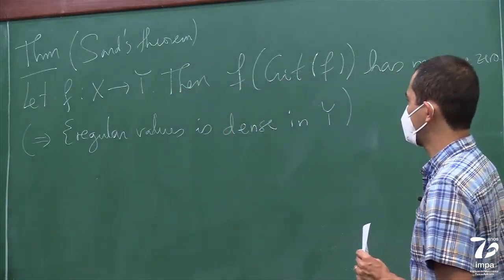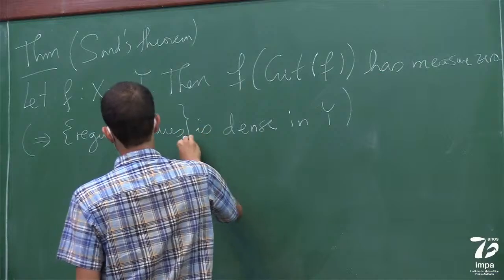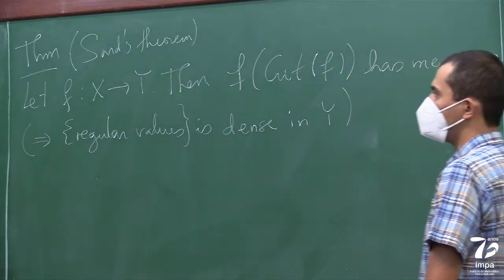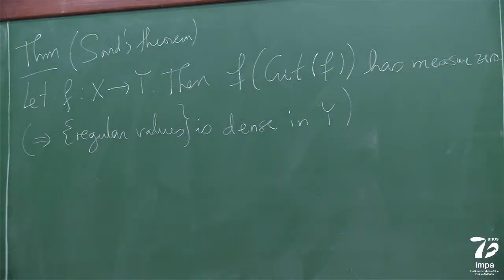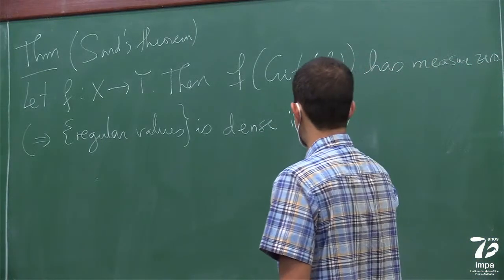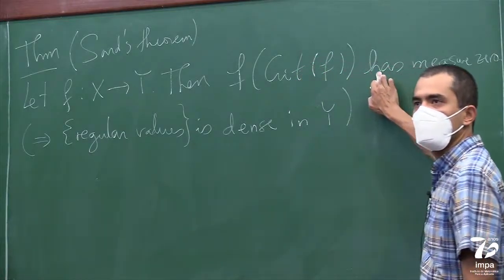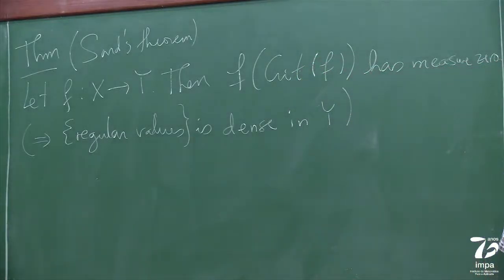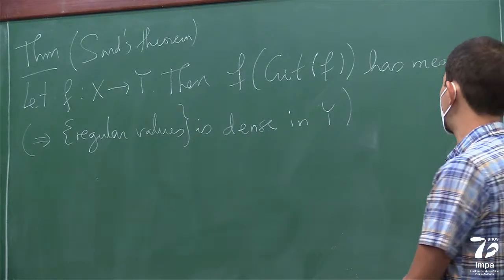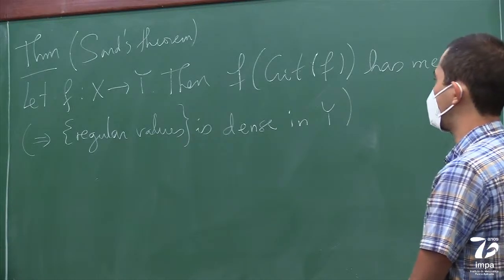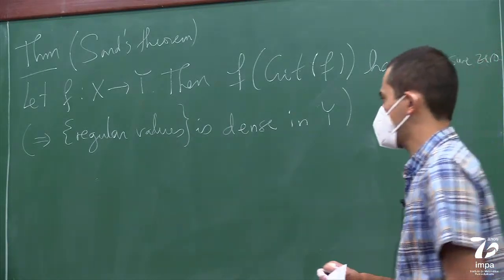So, in other words, almost every point in Y is a regular value. Okay? So that's what it means, what I just said. But some people will say the set of regular values is dense. Okay, that's a little weaker than just saying that the other one has measure 0.